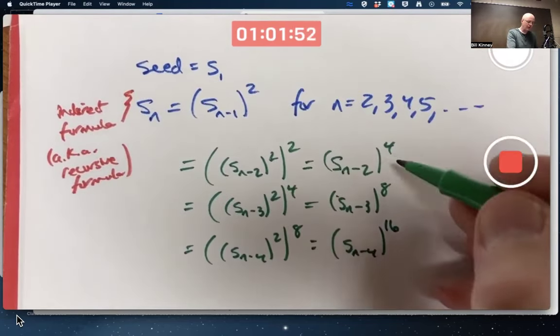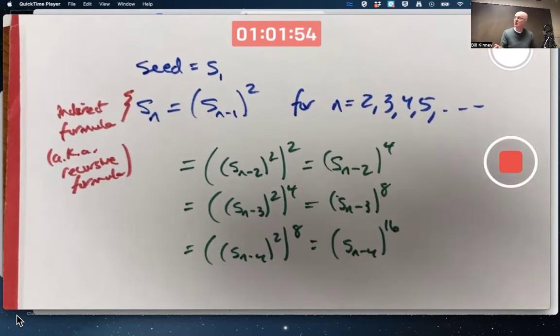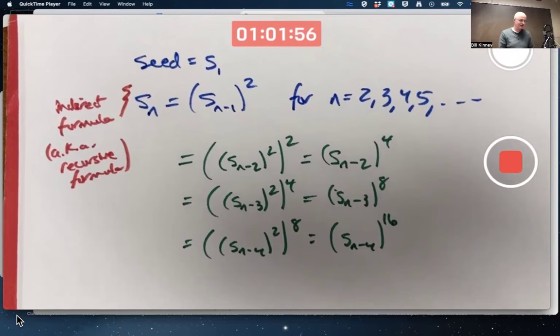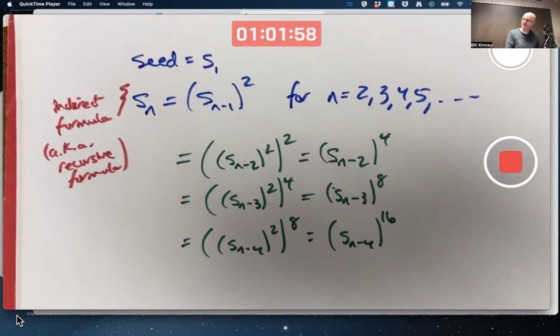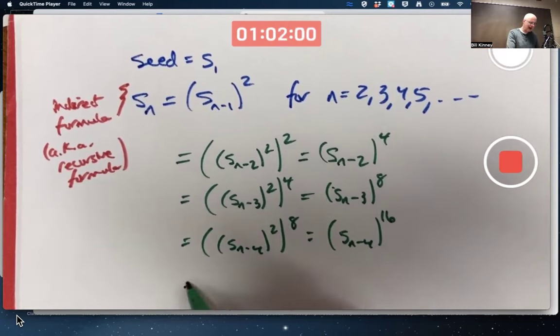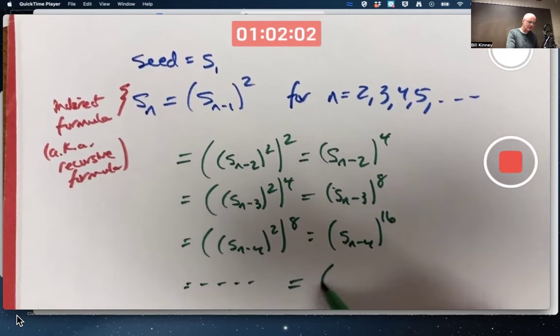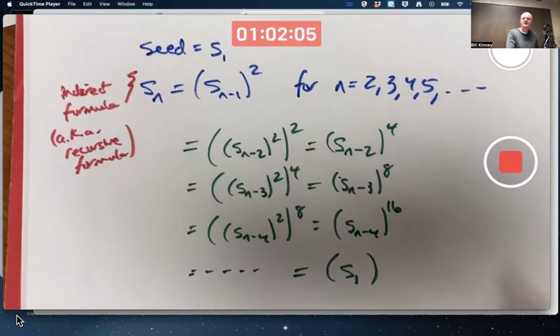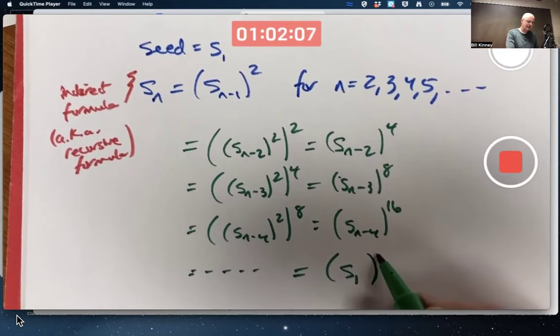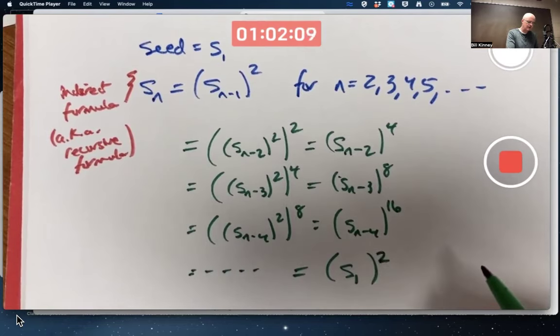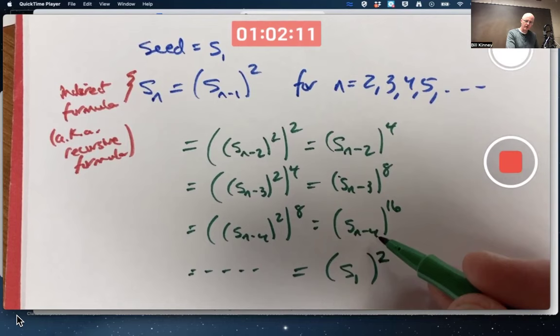These powers, 2, 4, 8, 16, are all powers of 2. They keep doubling. That pattern seems to indicate that in the end, you'd get S1 to what? A power that's a power of 2. 16 is 2 to the 4th power.